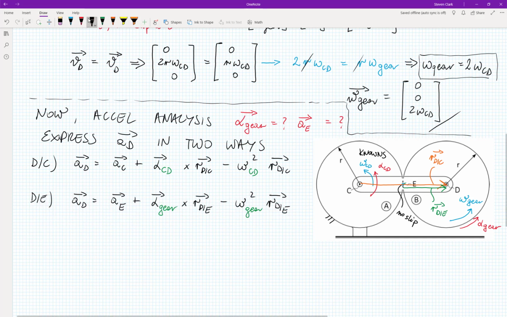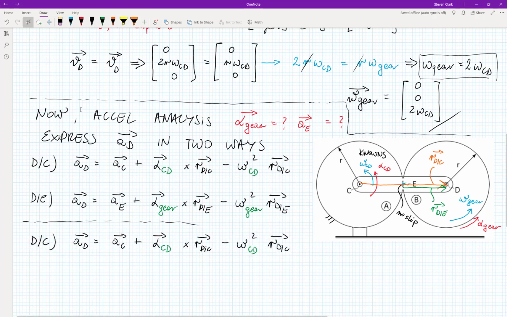So let me start with the first equation. So I'm just going to take this one. And maybe one of you will again tell me what is the acceleration of point C. It is 0 because it's fixed. C is fixed.